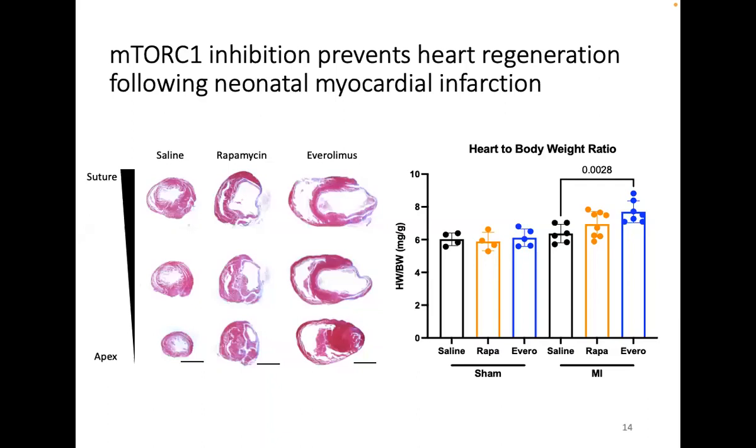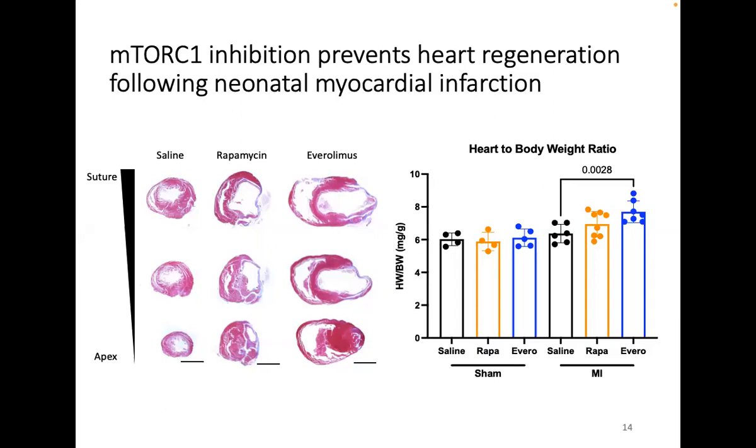Whereas in the mTORC1 inhibited hearts, they both have this large scar formation and reduction of the healthy myocardial tissue, showing that the remaining cardiomyocytes that were undamaged by the myocardial infarction did not repopulate that damaged tissue area, leading to a dense scar area, and also they're slightly enlarged from cardiac hypertrophy.